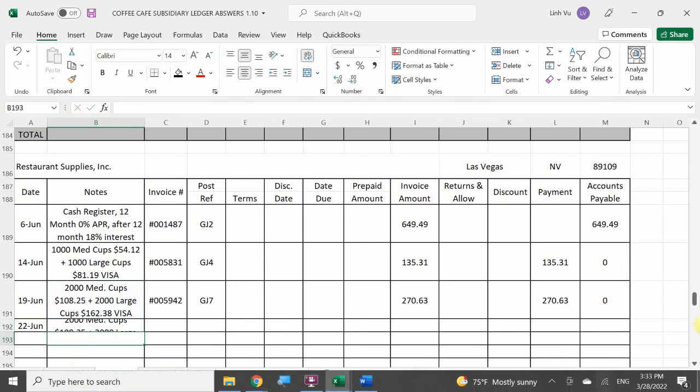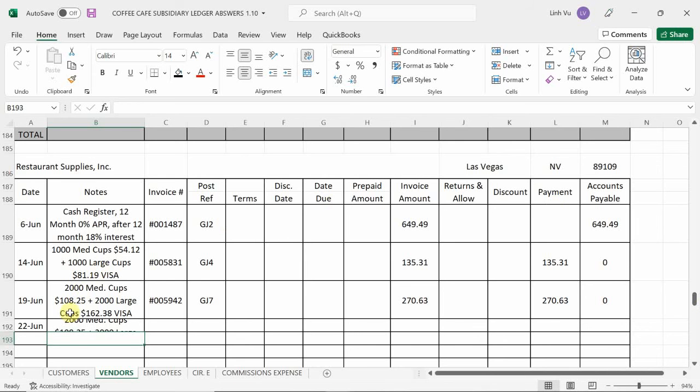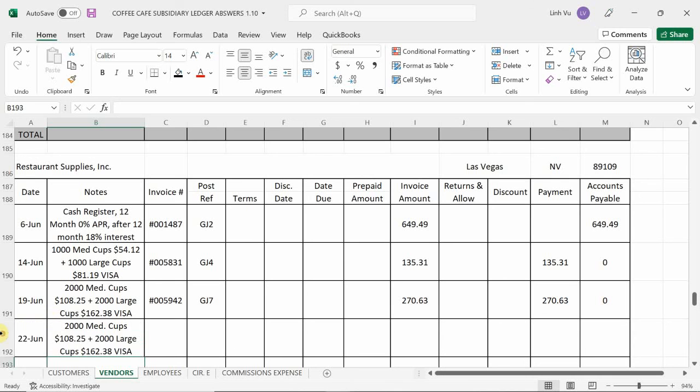We bought 2,000 medium coffee cups at 108.25 and then 2,000 large coffee cups for 162.38, and we paid with the Visa credit card. Oh, I guess we're supposed to have a receipt number. Okay, it's okay.